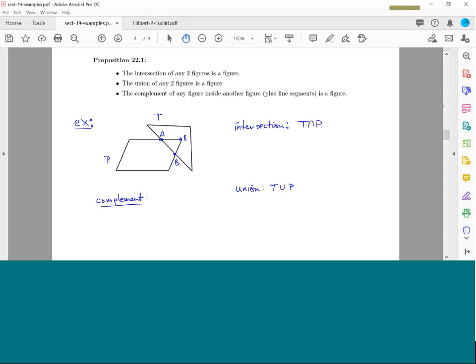Any guesses what the intersection of those two figures would be? Well, hopefully you are all thinking where they overlap. So I'm going to shade it in and then we're going to get rid of it.